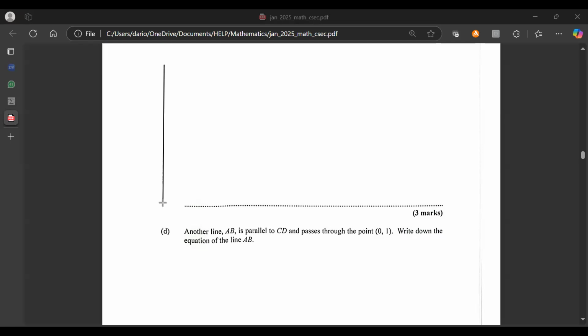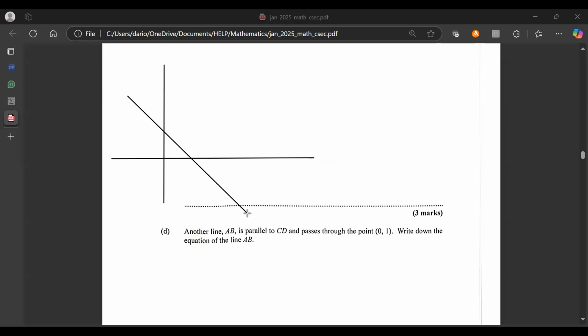So let's see. This is your y-axis. All right. Your first line passed through 1, like this.